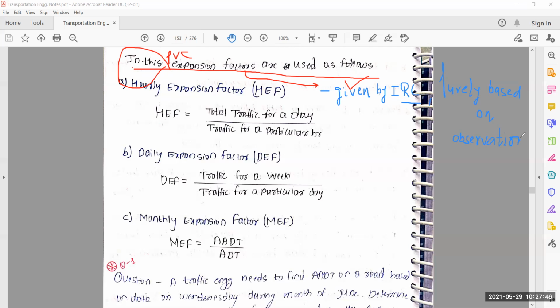These are different expansion factors given by IRC, purely based on observation.